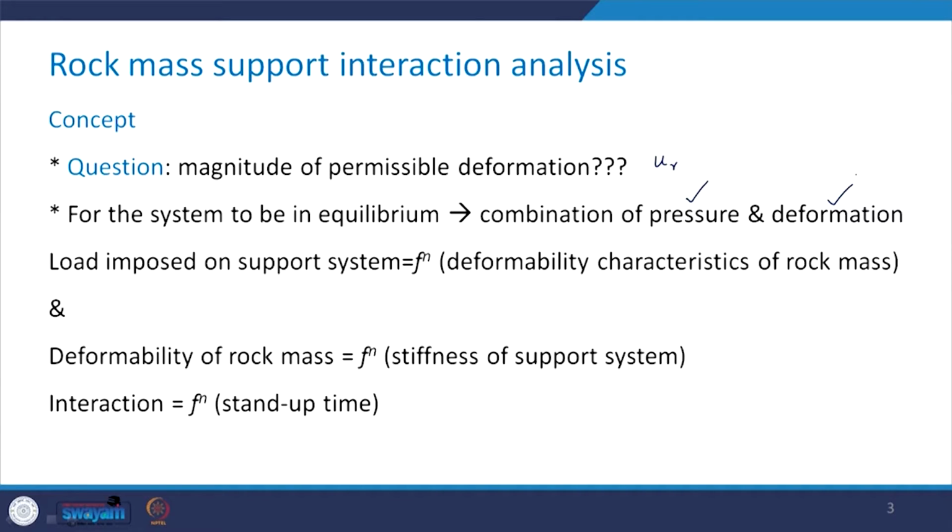Accordingly, all these parameters can be decided, and therefore, the load imposed on the support system becomes a function of the deformability characteristic of the rock mass, and this deformability characteristic of the rock mass becomes a function of the stiffness of the support system, and therefore, the interaction phenomenon becomes a function of the stand up time. You know what we mean by this stand up time.